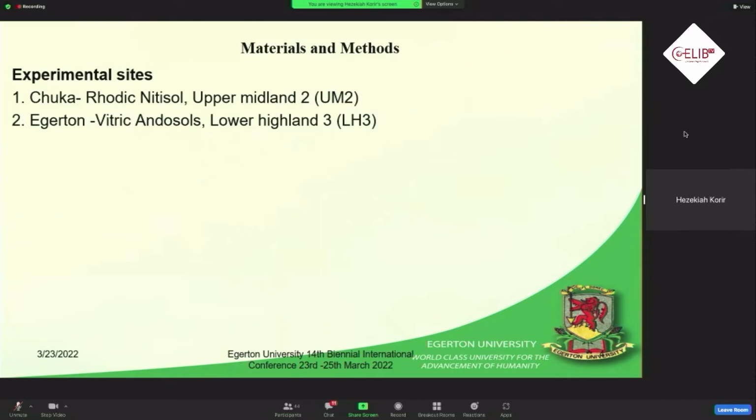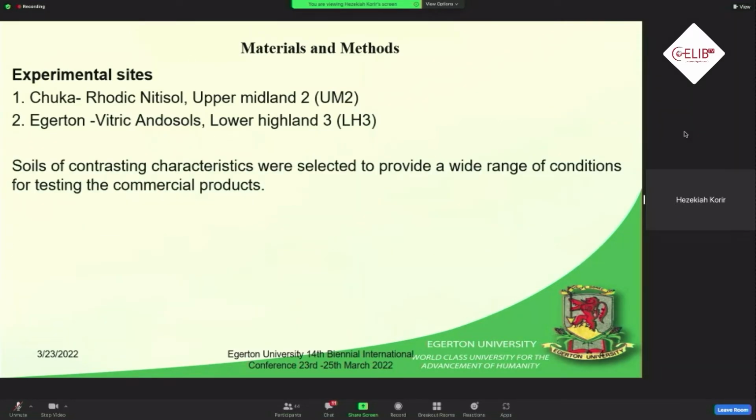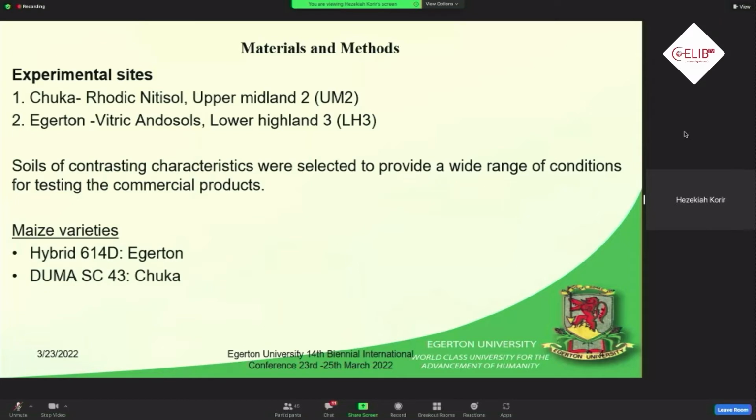These are two different soils, and we selected them so that we can see how these products do in a wide range of conditions. For Egerton we used the hybrid 614 because it suits that environment, and for Chuka we used Duma 49, and this was done in 2 cropping seasons.